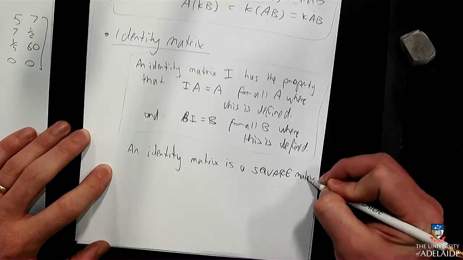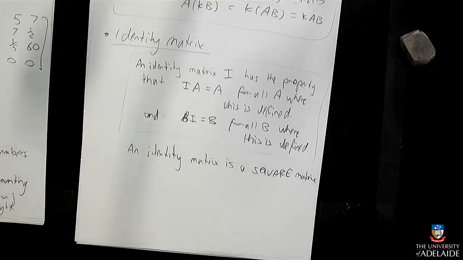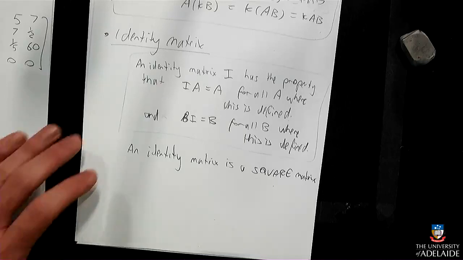So remember I said earlier that I needed to tell you what a square matrix is. Now you know why I needed it. An identity matrix has to be a square matrix, which means it's got the same number of entries in its rows as it does in its columns. And it has to have ones down the diagonal and zeros everywhere else.